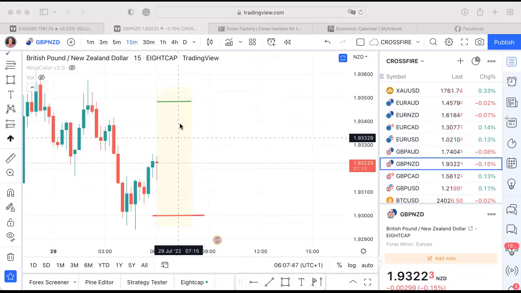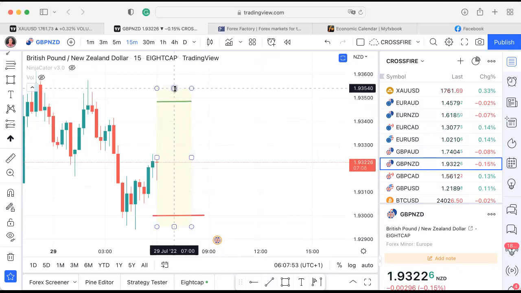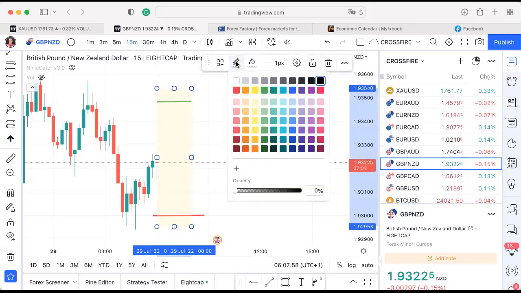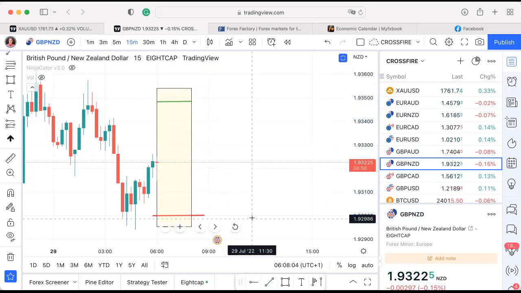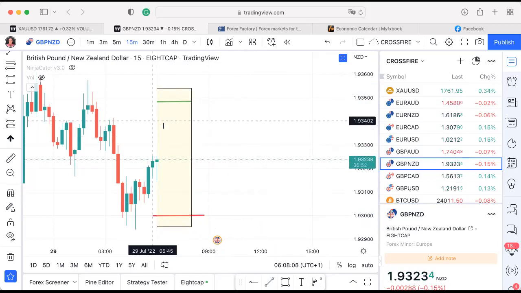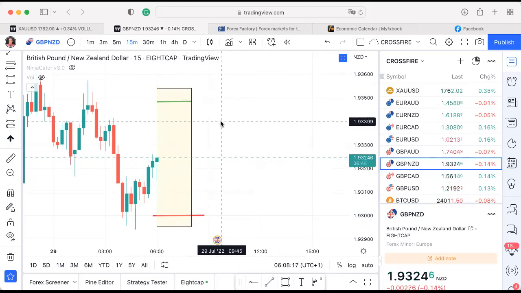So if you're looking at this for the first time and you've tried putting a rectangle on, as it comes out of the box, the rectangle generally has a border on it, and it will look something like that. So you need to get rid of that border because that is now concealing the wicks on that candle there. And it's impossible to do this strategy if you can't see the wicks.